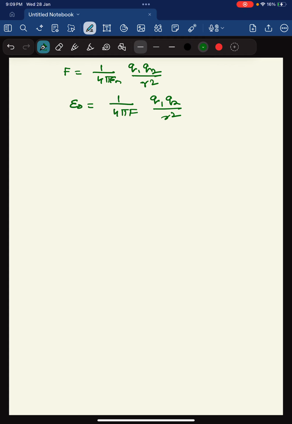The 4 pi has no unit, but force has a specific unit, that is Newton. So epsilon naught is equal to 1 by Newton into Coulomb square by meter square. Therefore epsilon naught is equal to Newton inverse Coulomb square meter power minus 2. So this is the unit for epsilon naught.